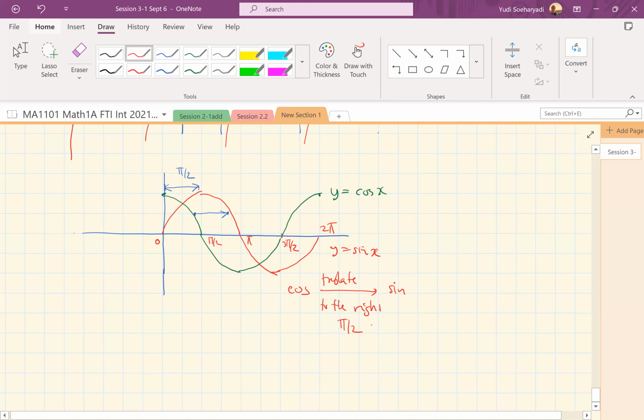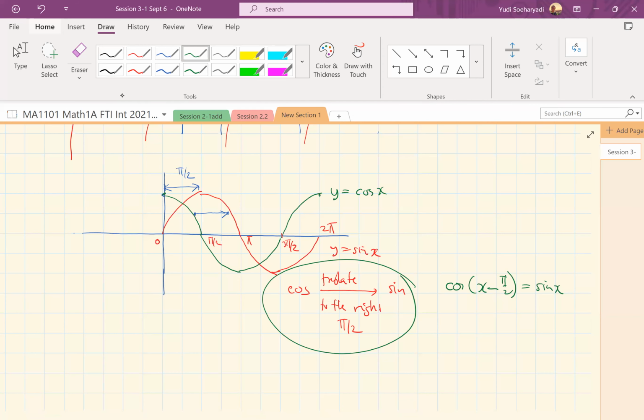So by just observing this, here cosine x, when you translate to the right, that means you subtract, you get sine x. You can check this is the correct formula.